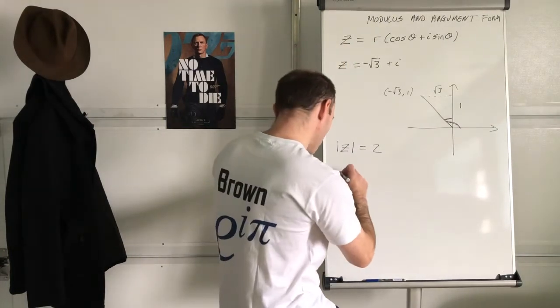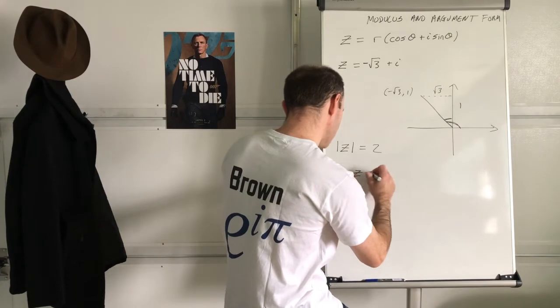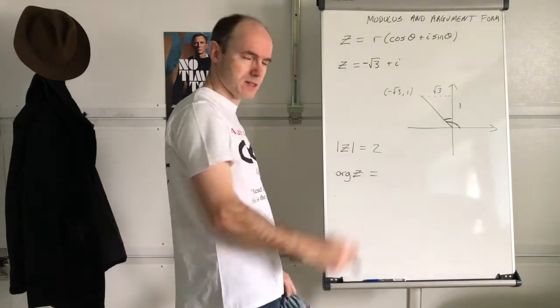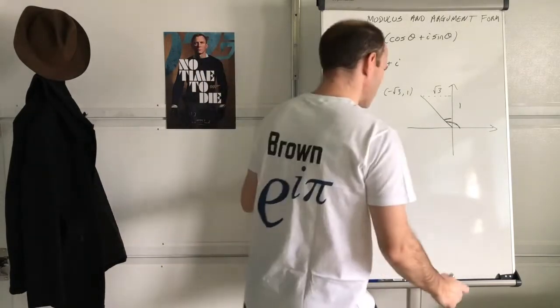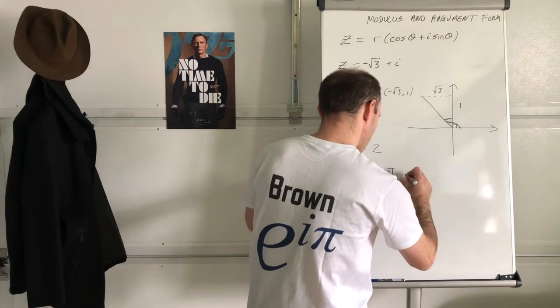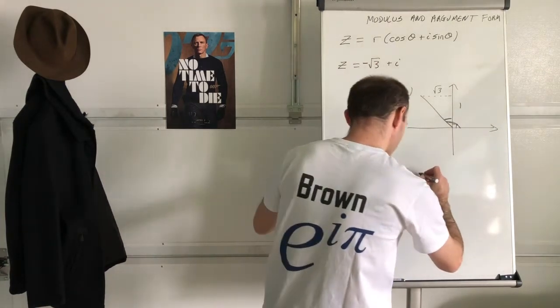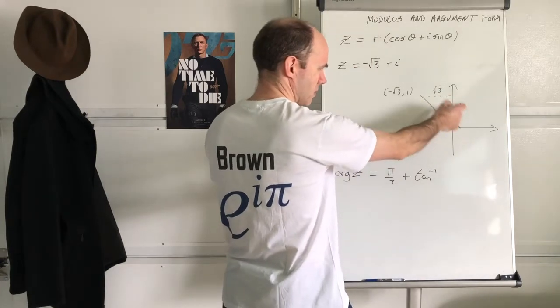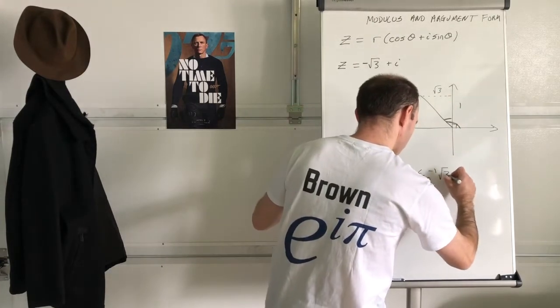And then argument of z, because you can write r equals, theta equals if you want, but this is just nice notation as well. So that's going to be pi over 2, added to whatever that angle there is, and that's going to be the inverse tan of root 3 over 1, which is inverse tan of root 3.